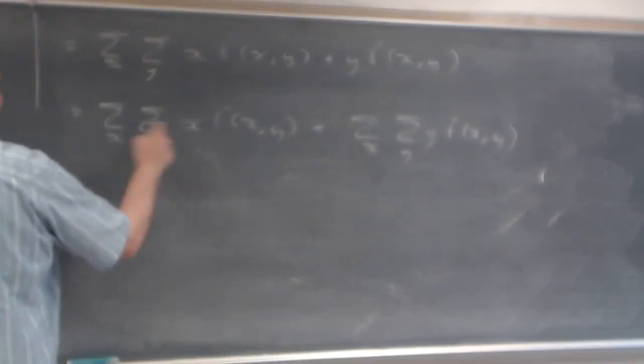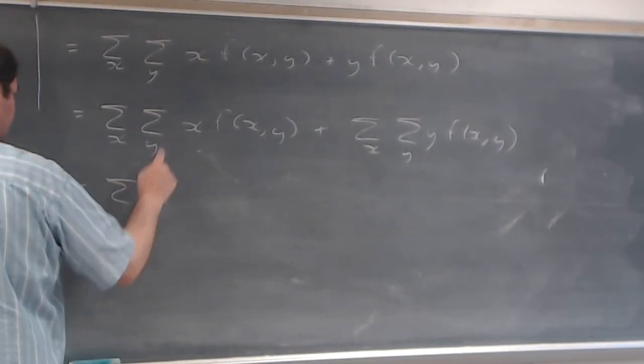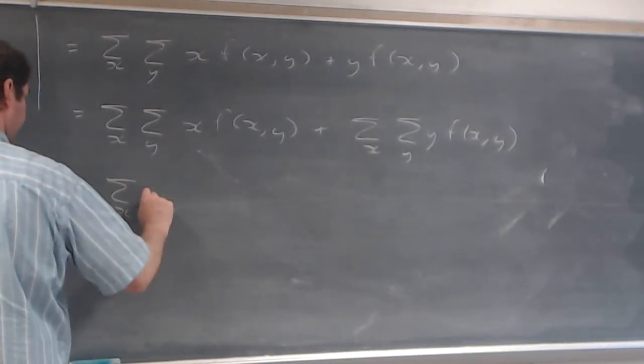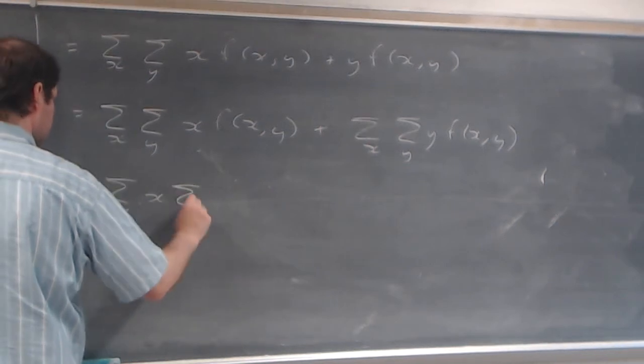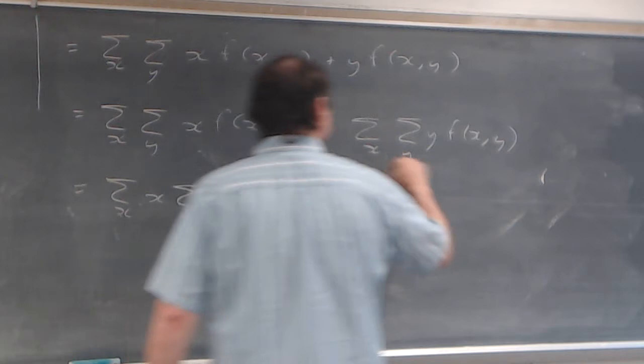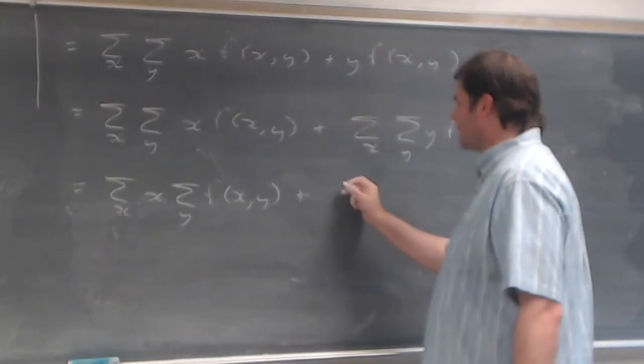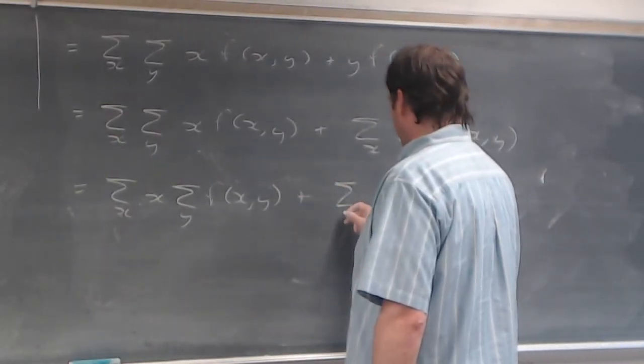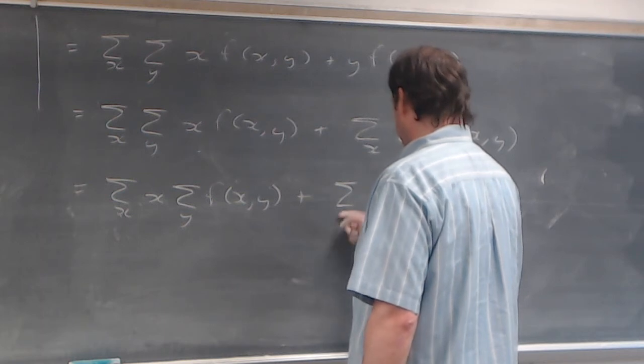Here I can take the x out, because it's a constant with respect to y. And in this one, I'm going to switch the order of the summation, and we can do this.